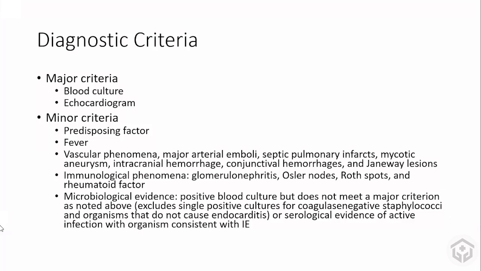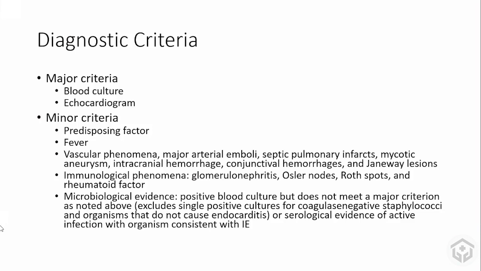The minor criteria are, first, a predisposing factor, such as chronic rheumatic heart disease, indwelling prosthetic valves, intravenous drug abuse, or long-term indwelling lines. Another minor criterion is the presence of fever.